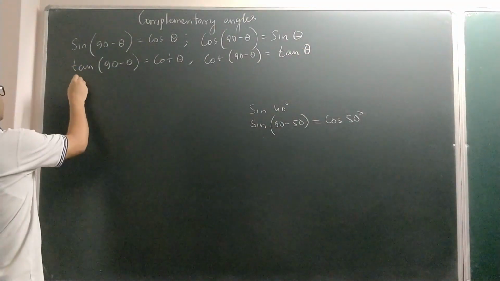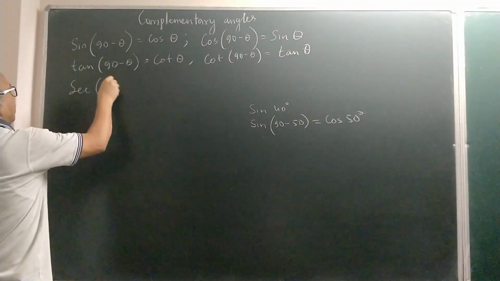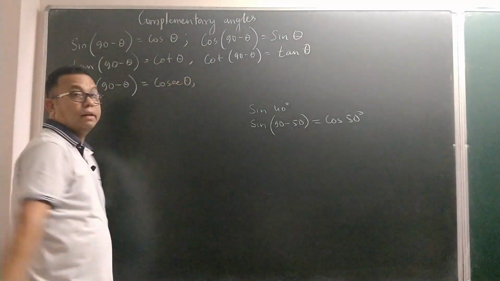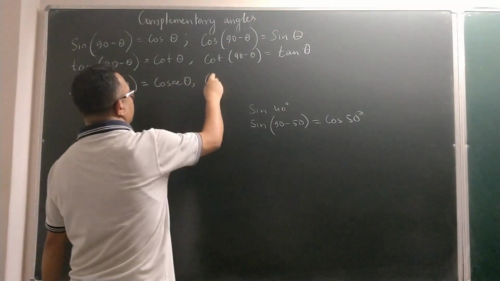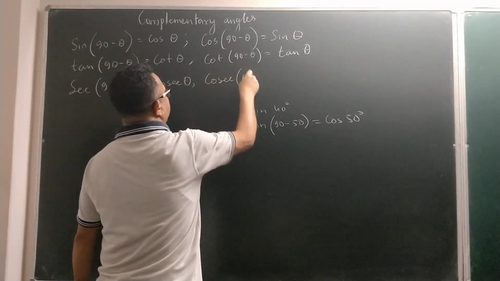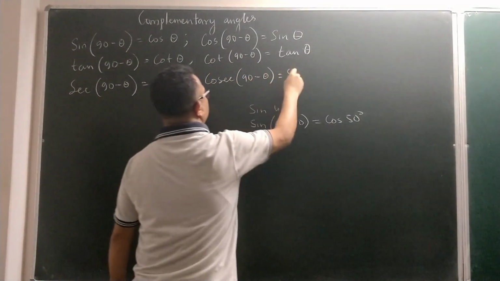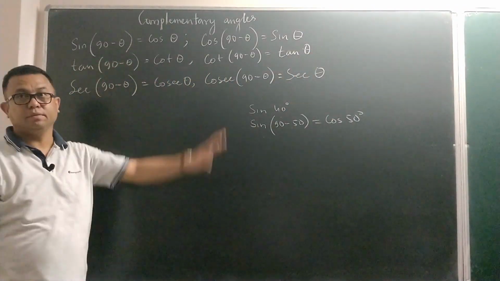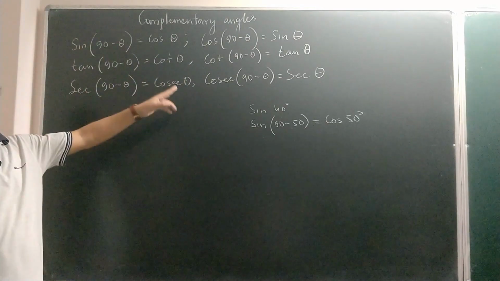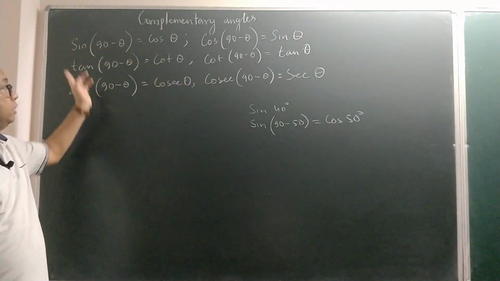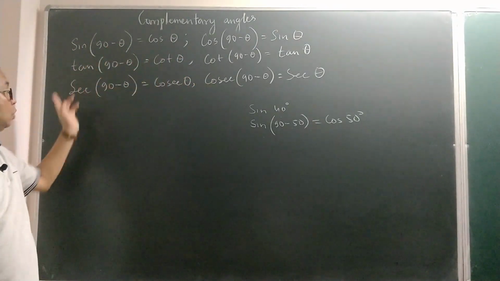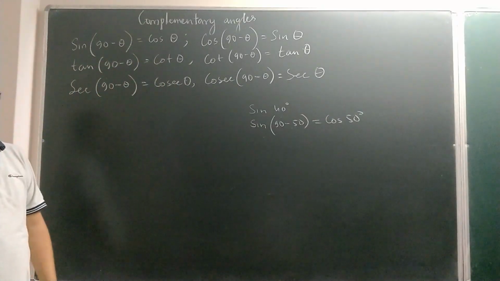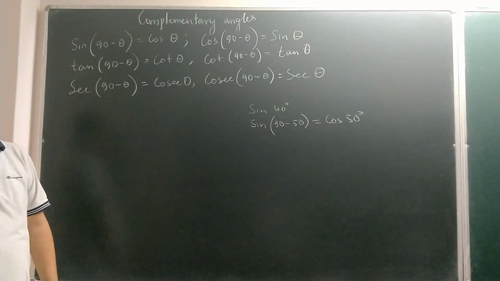Then one more: sec 90 minus theta is equal to cosec theta, and the reverse, cosec 90 minus theta is equal to sec theta. So there you have the set of 6 formulas: sine to cos, cos to sine, tan to cot, cot to tan, cosec to sec, and sec to cosec. This is the conversion that you have.